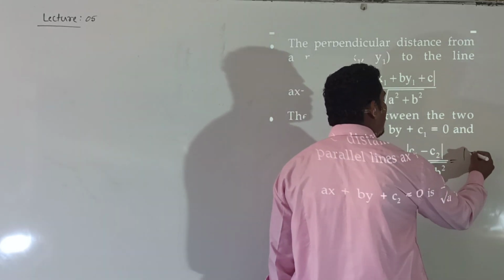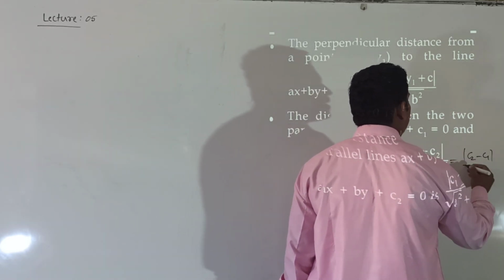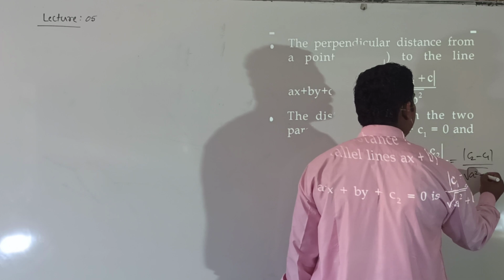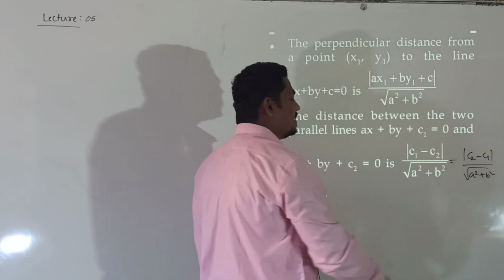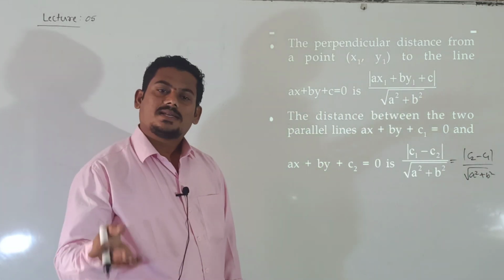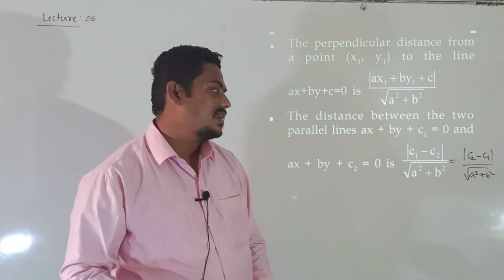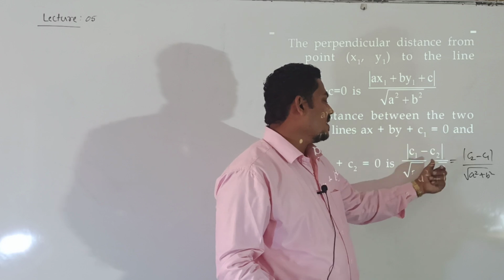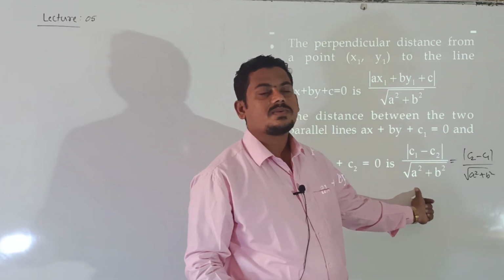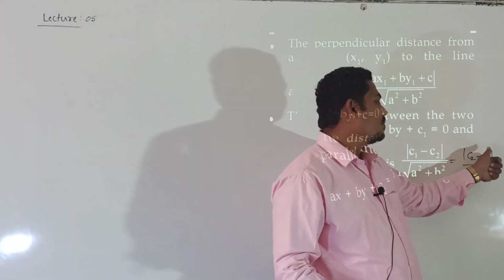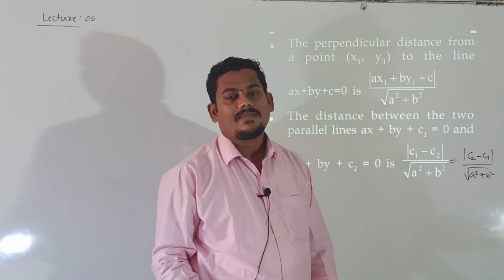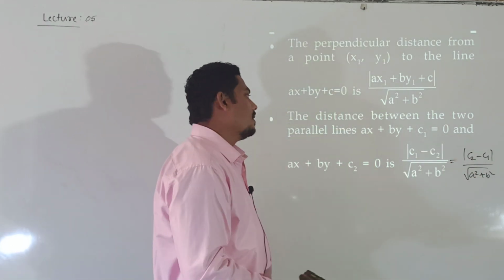Both are one and the same. Inside the modulus sign, modulus of c1 minus c2 is the same as modulus of c2 minus c1. So modulus of c1 minus c2 divided by the square root of a square plus b square, or modulus of c2 minus c1 divided by the square root of a square plus b square.